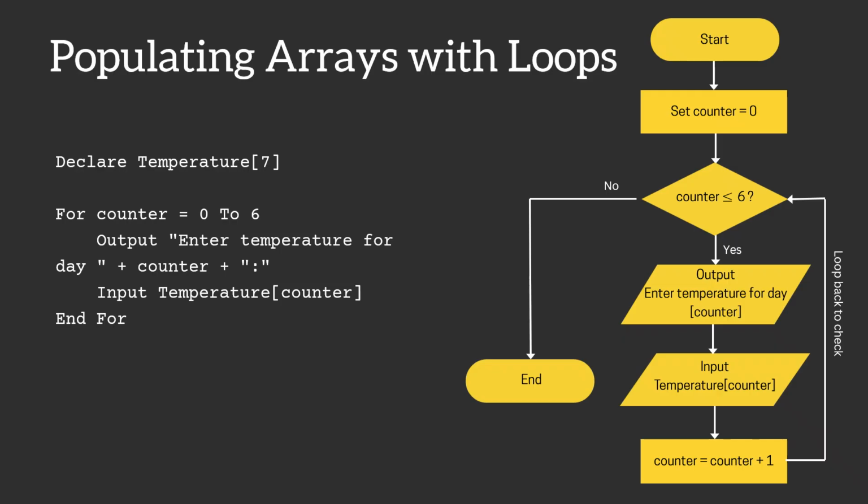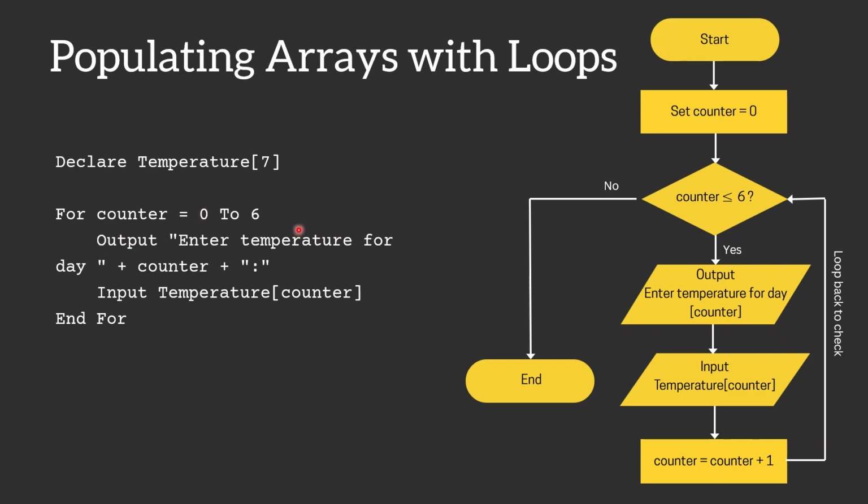So this is how we would ask the user for, say, 7 temperatures using a loop. We declare our array, like we did before, but then we use the for loop, and we say counter equals 0 to 6 because we're wanting 7 of them. Remember, 0 is our first position.